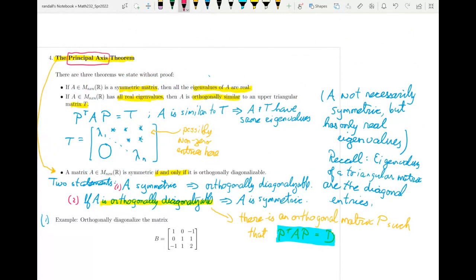So now, principal axes. That's interesting. This comes from geometry, from quadratic forms, conic sections, quadratic surfaces in R3, conic sections in R2, hyperbolas, ellipses, and similar things in 3 dimensions.